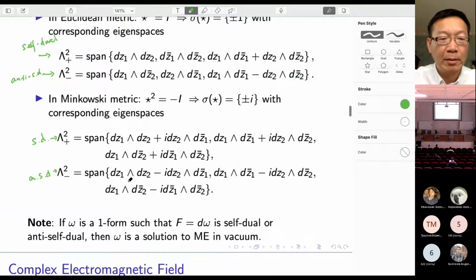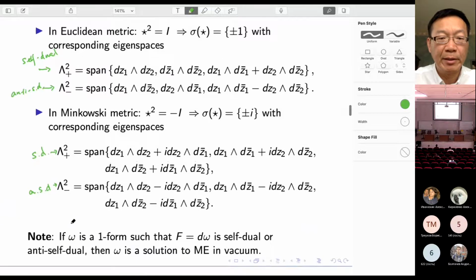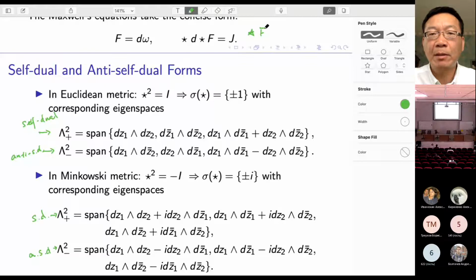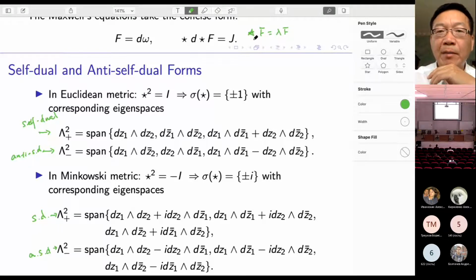So one note that I want to make here is about the Maxwell equations. Now, if F is self-dual or anti-self-dual, then Hodge-Star F will be a scalar, say lambda, times F, where lambda is an eigenvalue of the Hodge-Star.